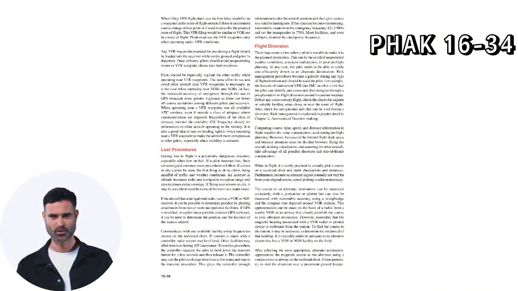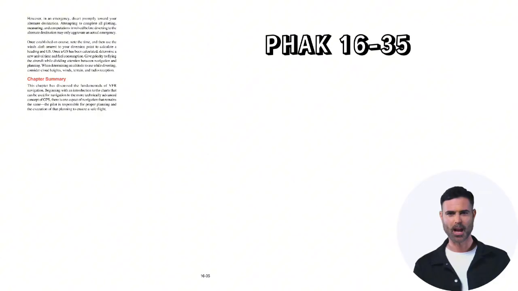After selecting the most appropriate alternate destination, approximate the magnetic course to the alternate using a compass rose or airway on the sectional chart. If time permits, try to start the diversion over a prominent ground feature. However, in an emergency, divert promptly toward your alternate destination.